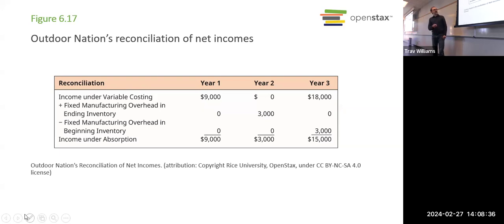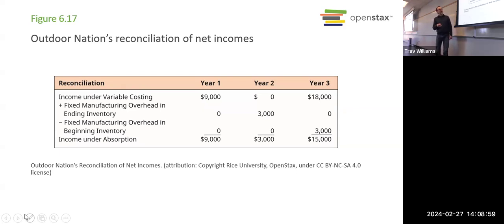So that means that for absorption costing, we end up $3,000 more profitable because we shifted some of those costs into the next period. So in year 2, we broke even under variable costing, but we had a $3,000 profit under absorption costing.